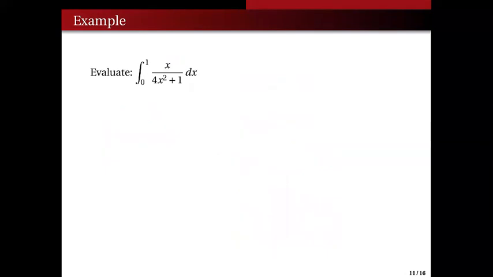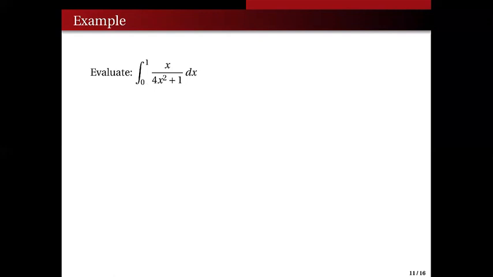Now, let's look at our next problem here. We now have a definite integral. So the integral from 0 to 1 of x over 4x squared plus 1 dx. What I'm going to do here is substitution all the way. Meaning, I'll do substitution for this part, and I will also replace the limits of integration.